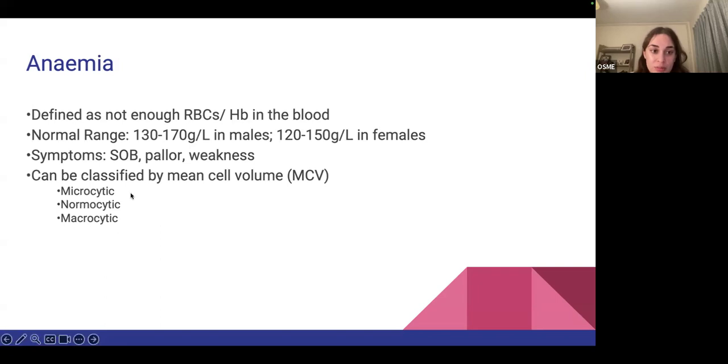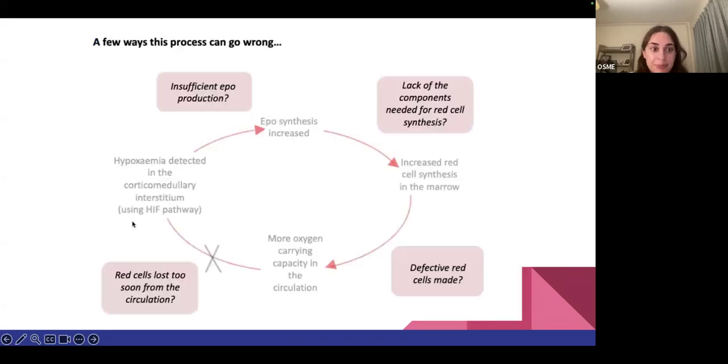The normal ranges vary between men and women, and the key triad of symptoms is pallor, so paleness, shortness of breath, and weakness. And anemia is classified by the mean cell volume on the full blood count. So microcytic, less than about 80, normocytic, and then macrocytic.